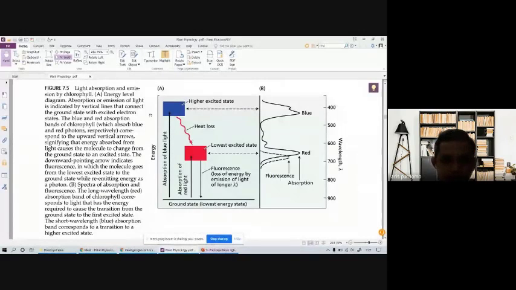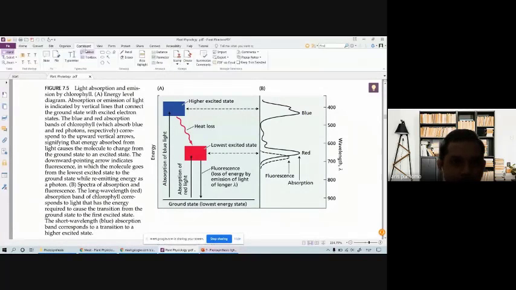For example, if light strikes a leaf, the chlorophyll will be excited.